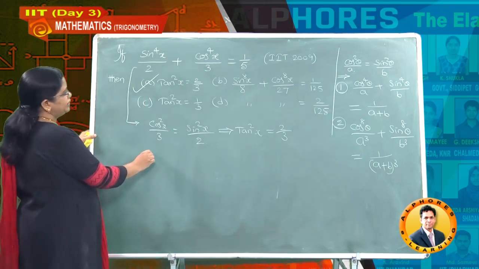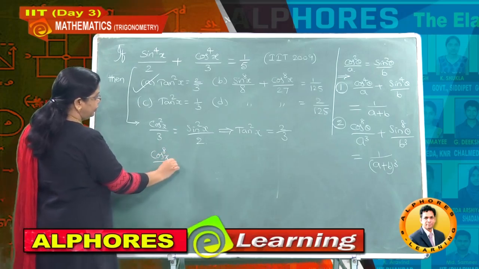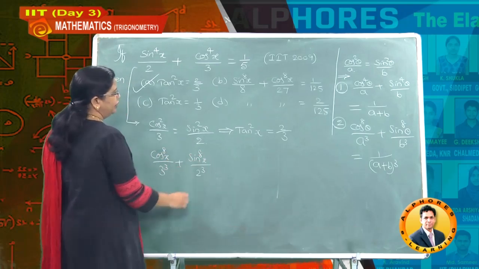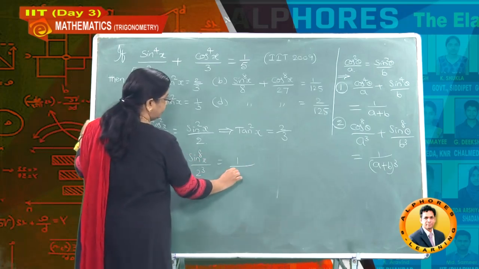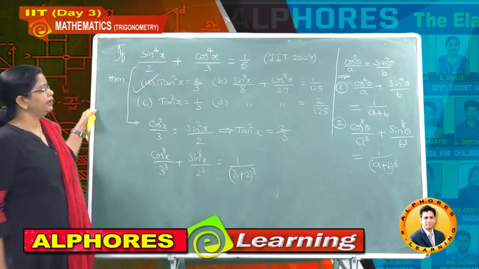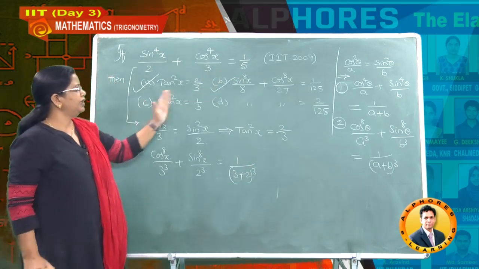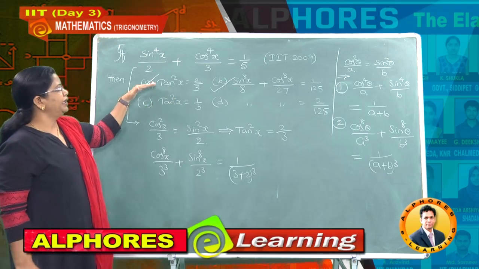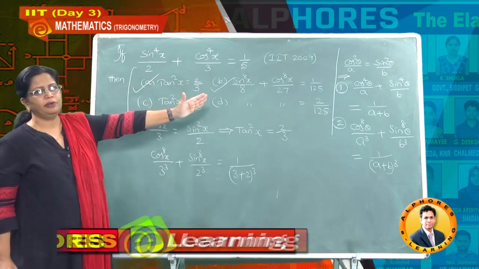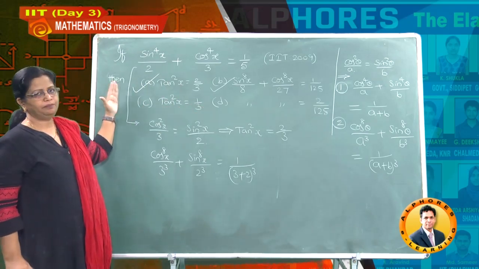Therefore I will write this result as cos to the power of 8x divided by 3 cube plus sin to the power of 8x divided by 2 cube equal to 1 divided by 3 plus 2 whole cube, and that is nothing but 125, and hence this result also is true. So these two are not correct answers, only A and B are our right options. So in this way these kind of small problems, you can convert directly as a problem.